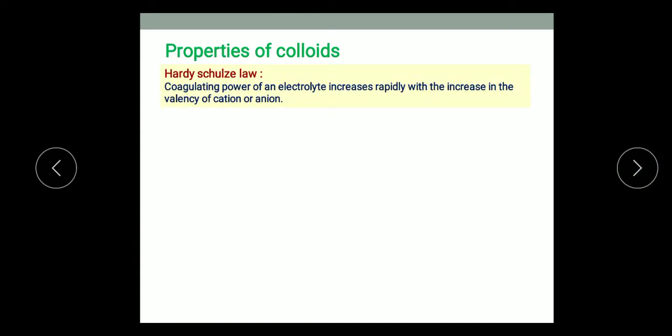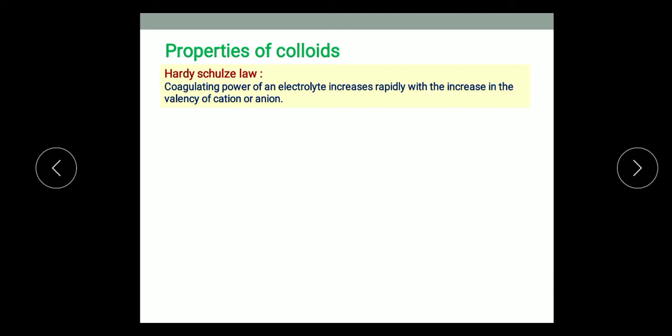Then we come to the next part, which is the Hardy-Schulze rule. It is very important and it is asked many times in examination. So it shows the coagulating power of an electrolyte and says that the coagulating power of an electrolyte increases rapidly with the increase in the valency of the cation or anion of the active ion.